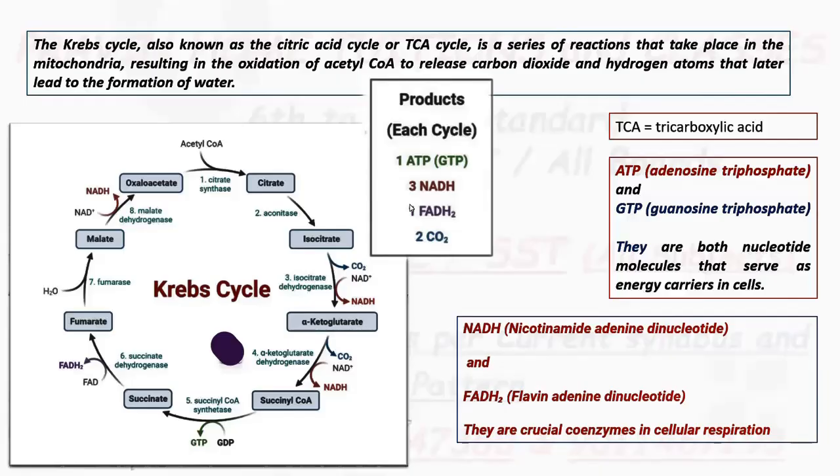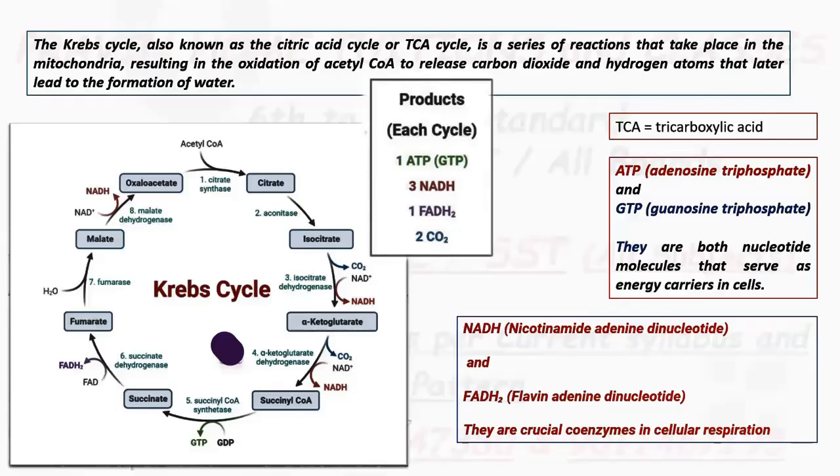This is also an energy molecule, and other byproducts like carbon dioxide and water are generated, and sometimes ATP is also generated. But ATP is generated in the form of GTP. ATP is adenosine triphosphate and GTP is guanosine triphosphate. ATP and GTP are both nucleotide molecules that serve as energy carriers in the cell, or we can say the energy currency of the cell.